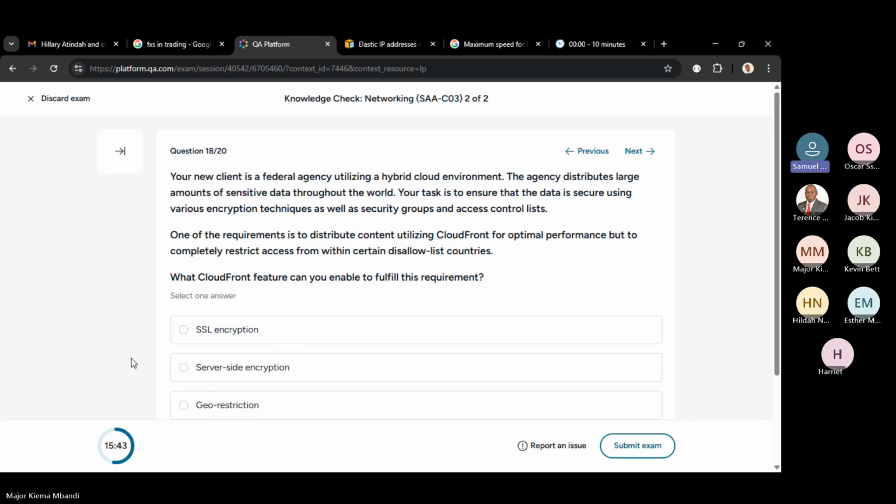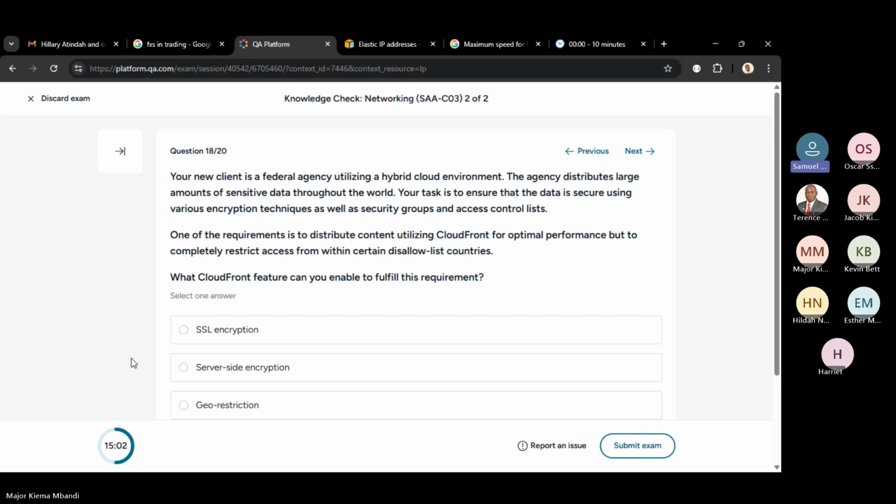Your new client is a federal agency utilizing a hybrid cloud environment. The agency distributes a large amount of sensitive data throughout the world. Your task is to ensure that the data is secure using various encryption techniques as well as security groups and access control lists. One of the requirements is to distribute content utilizing CloudFront for optimal performance, but to completely restrict access from certain disallowed countries.